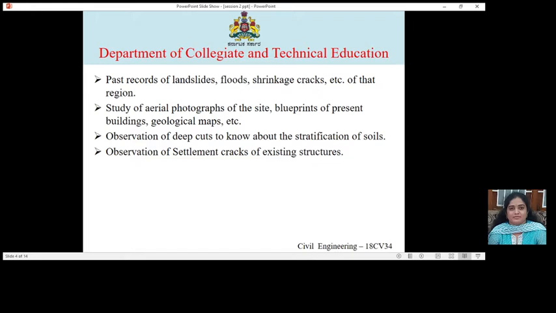Sometimes it is there nearby the site, you can go through it. By that you will understand the type of soil when you go deep into that particular site. Then observation of settlement cracks of existing structures nearby. What type of settlement was there? What is the nature of the settlement? So this all includes the reconnaissance survey.